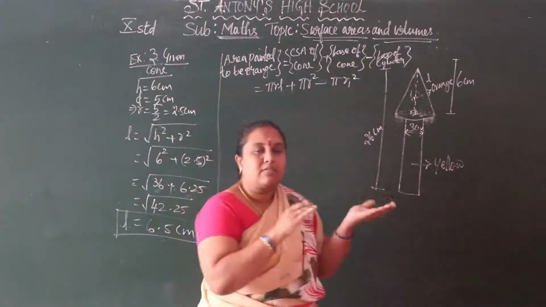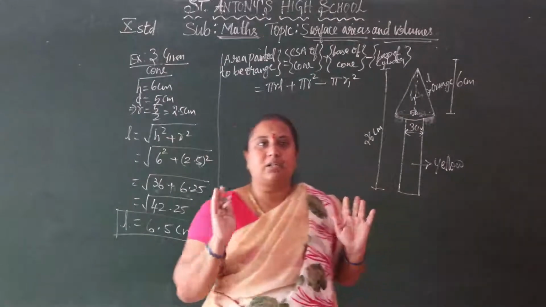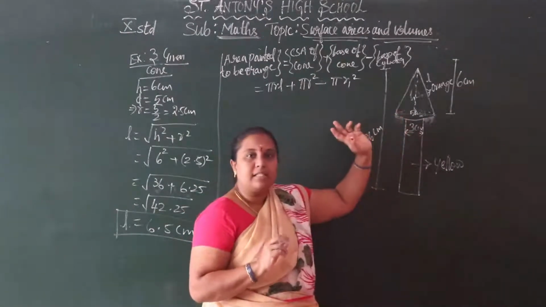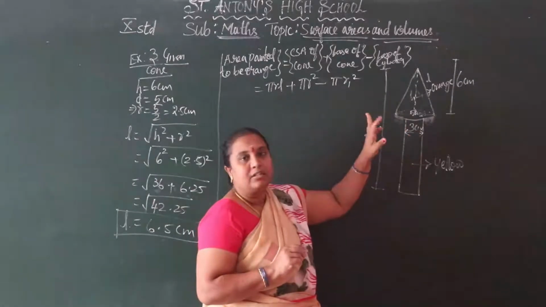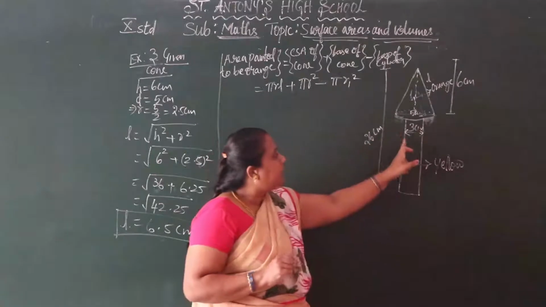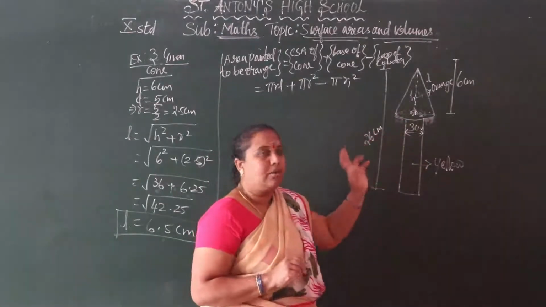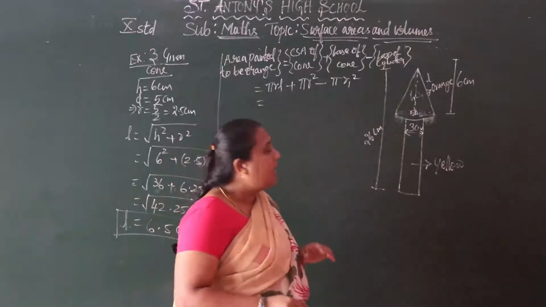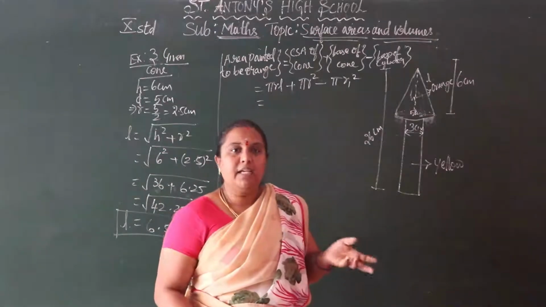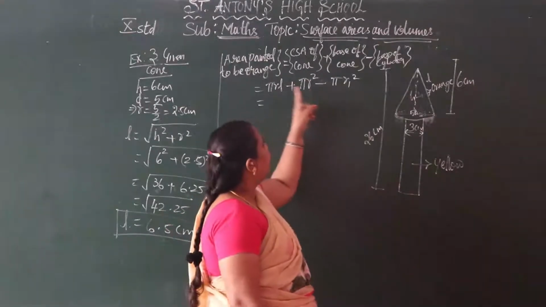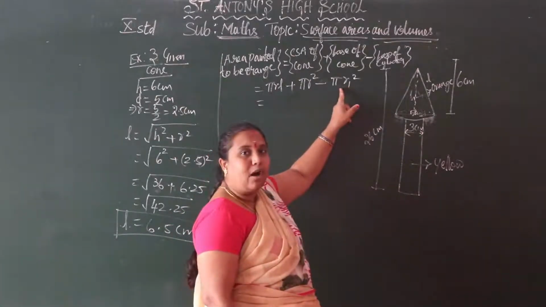Don't write pi r square minus pi r square and cancel that. That is totally wrong. The radius of cone is different and the radius of cylinder is different. So we take the radius of cone as r and the radius of cylinder as r1.